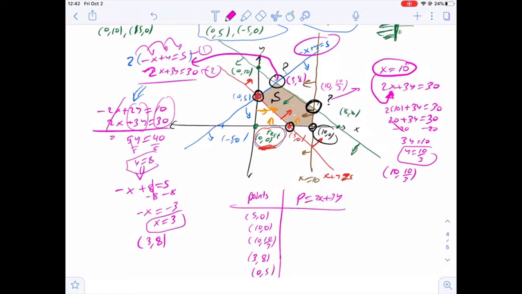We have 5 points. Now we plug them into this function P. When we plug in (5, 0), we get 10. When we plug in (10, 0), we get 20. When we plug in (10, 10/3), we get 2 times 10 plus 3 times 10/3, and we can cancel 3 here. We get 20 plus 10, which is equal to 30.